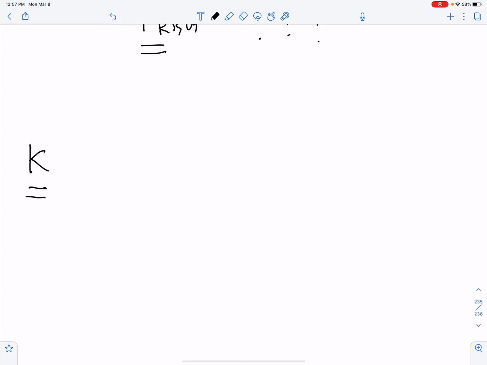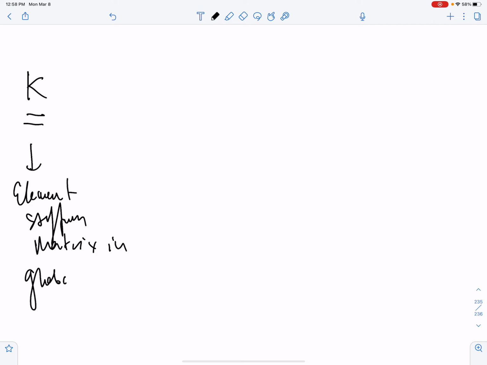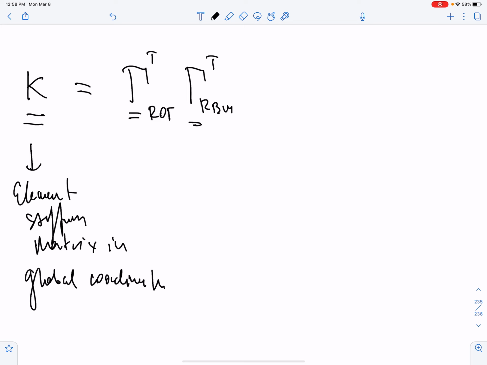K, which is the element stiffness matrix in global coordinates, equals, as before, gamma ROT transpose, gamma RBM transpose, times the basic stiffness, times gamma RBM, times gamma ROT.